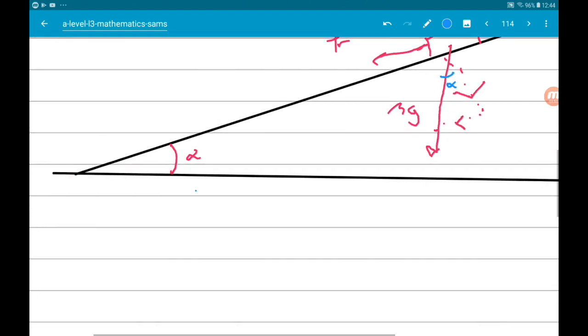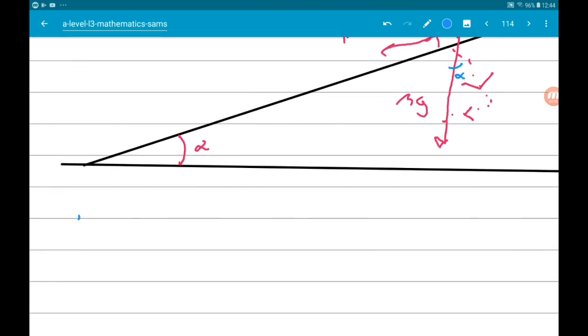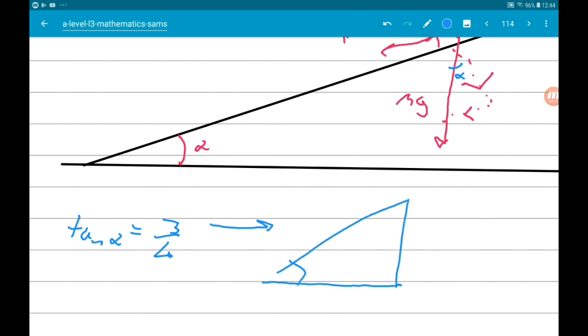So if tan of alpha is 3/4, that tells us that there is a right angled triangle with an angle of alpha, where the opposite is 3 and the adjacent is 4.